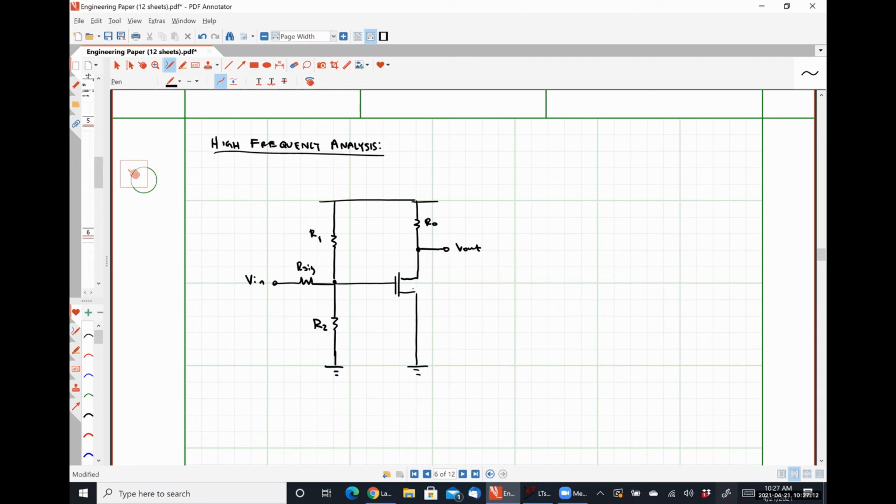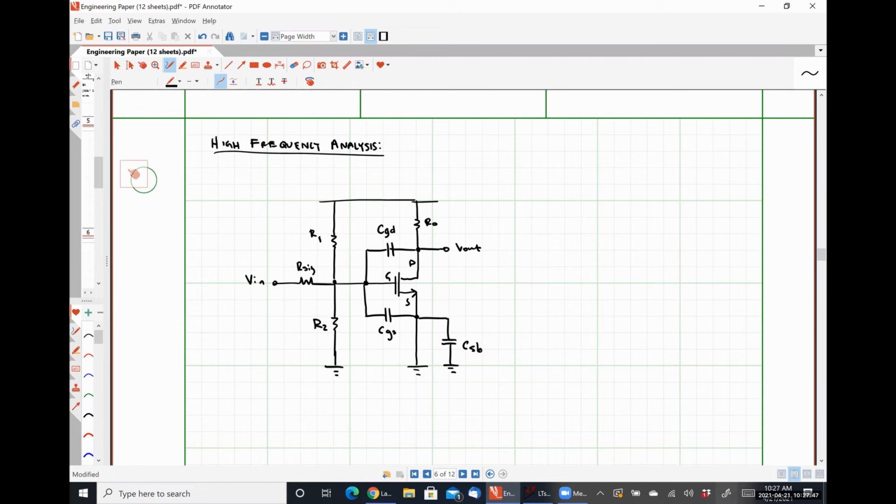So let's see. If this is my drain, gate, and source, we should have some capacitance here, CGD. We should have some capacitance here, CGS. We should have some capacitance here, CSB.